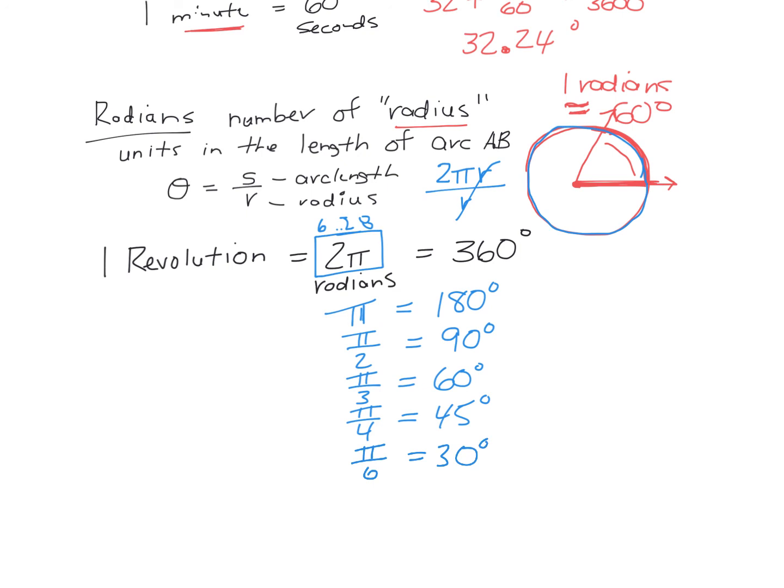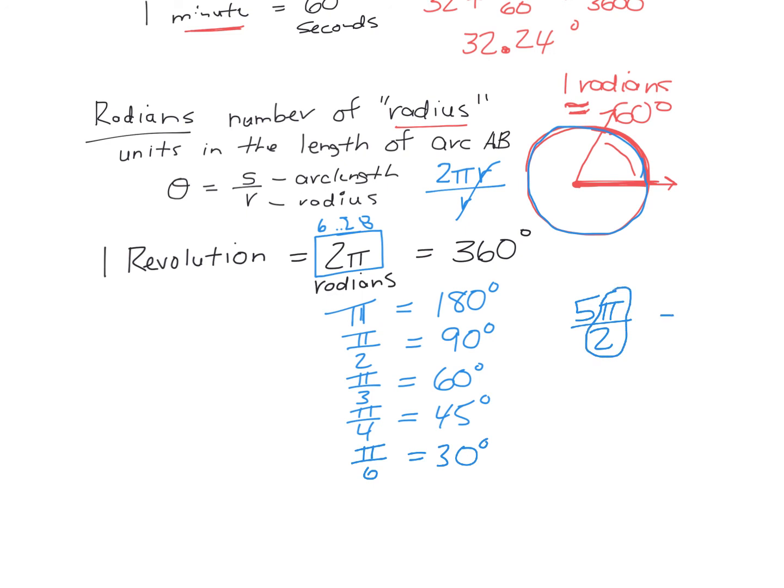Now, these are going to be very, very important when we start converting, because we should be able to recognize that pi is 180. So if I'm talking about an angle of, let's say, 5 pi over 2, I can think of this pi over 2 as 180 divided by 2, which is 90.